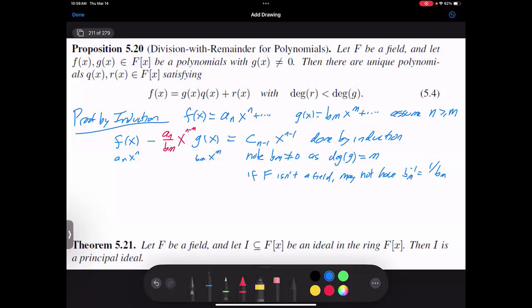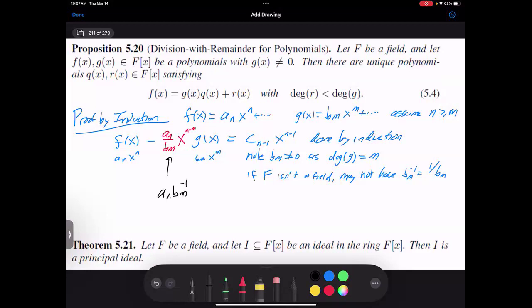So really, I should probably write this as a_n b_m inverse, but since we're assuming things are commutative, let me just write it like that. And so what we did is we took our function f, we subtracted a multiple of g so that what we're left over with has a smaller degree. Everything okay? And then just rinse and repeat, keep going, keep going, keep going.